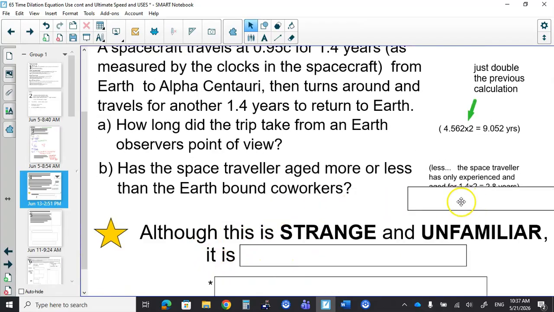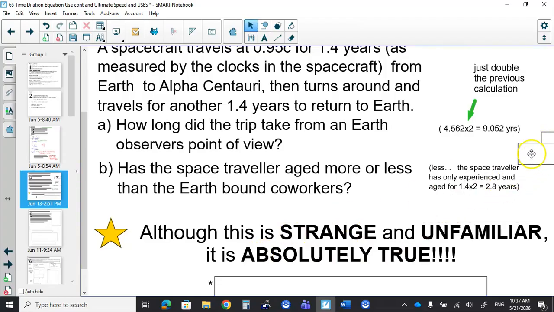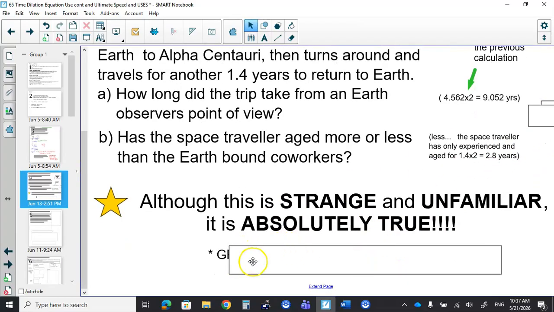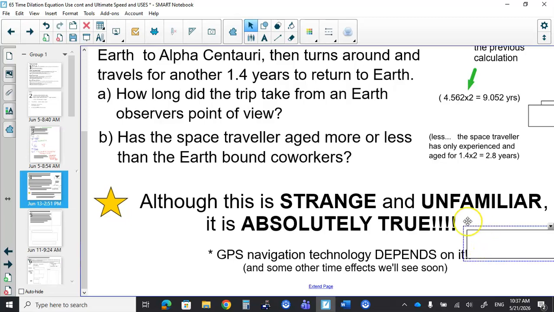So although this is, of course, strange and unfamiliar, it is absolutely what would happen. We have technologies, satellites and GPS navigation, and so on. Those GPS satellites in particular have super accurate clocks in them, and the time that the signal takes to get from your phone to the satellite, and from your phone to another satellite, and so on, is all used to calculate your location.